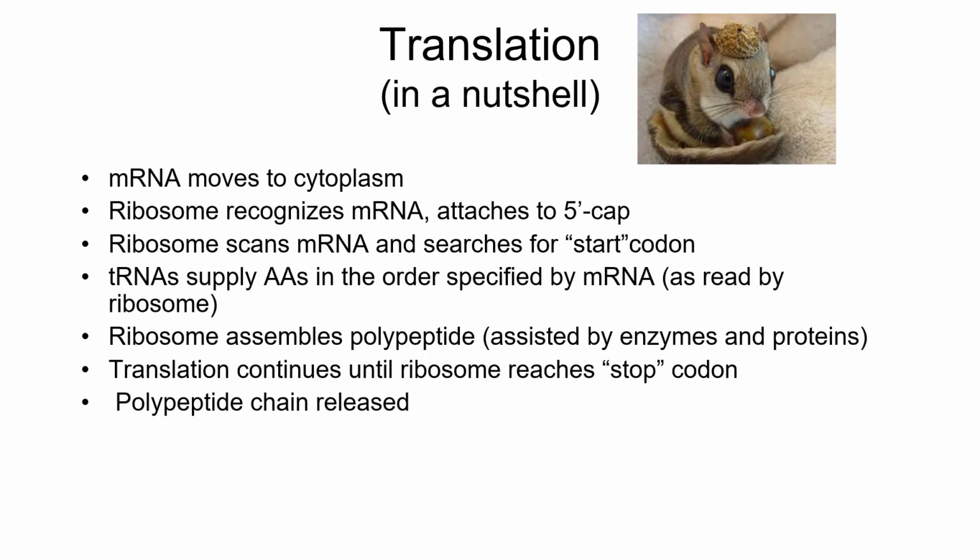A ribosome will then assemble the polypeptides in the order that the mRNA dictates, and it'll continue until the ribosome reaches a stop codon or a nonsense codon, at which time the polypeptide chain will be released.